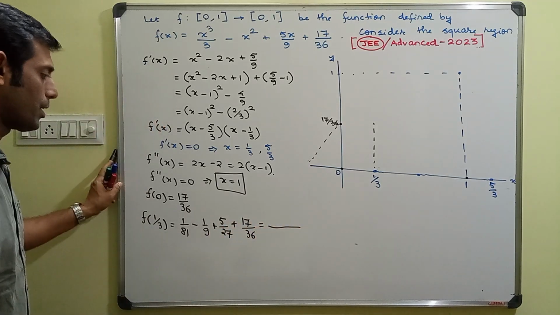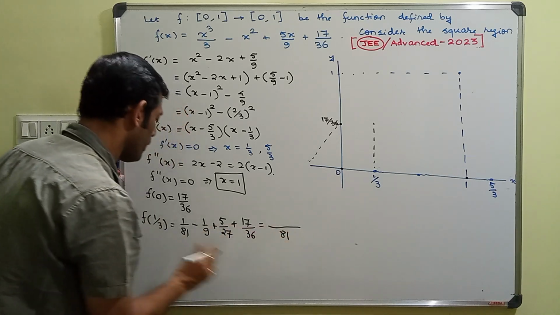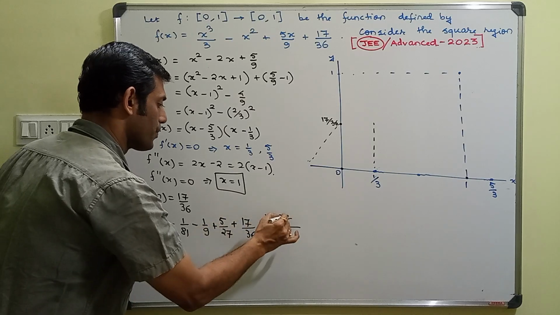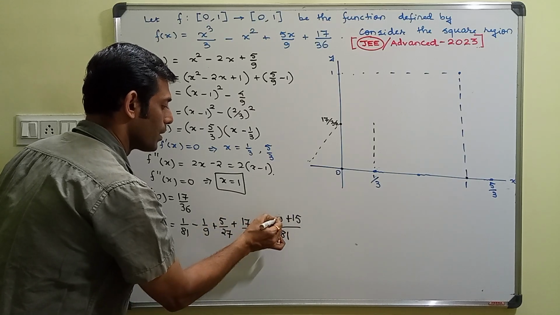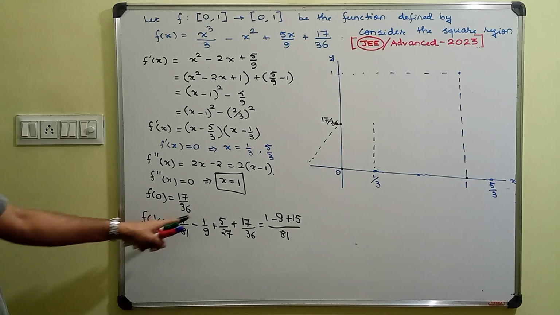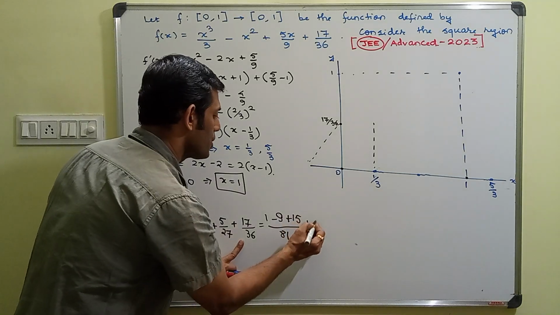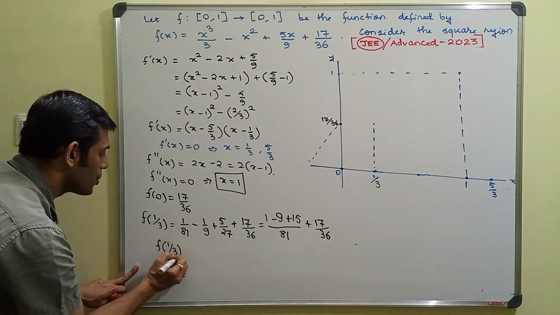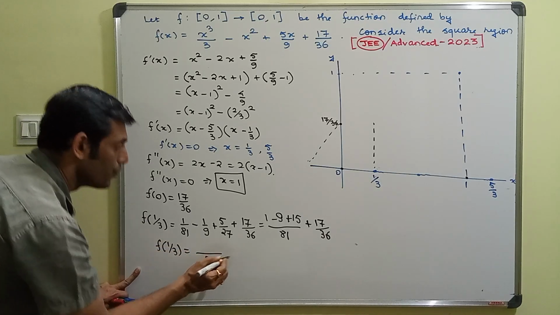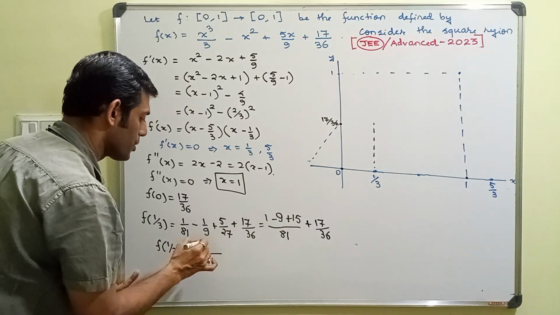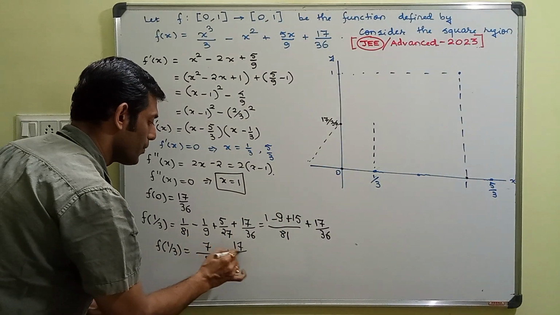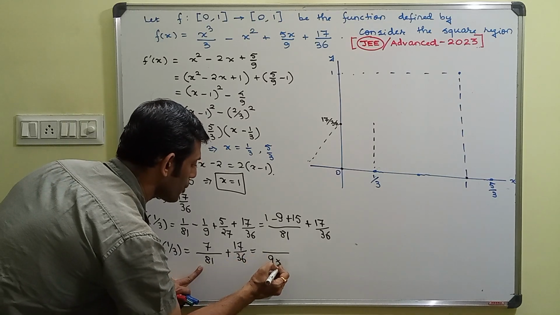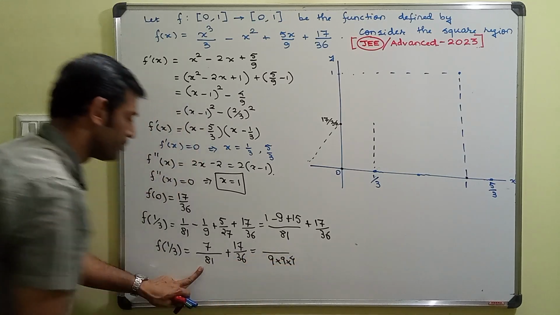And now if I take 81 as a common denominator over here, so 1 minus 9 plus 15, plus 17 by 36. So f of 1 by 3 is going to be equal to 81, means 16 minus 9 is 7, 7 by 81 plus 17 by 36. So that makes it 9 into 9, 9 into 4. So let's call this 9 into 9 into 4.